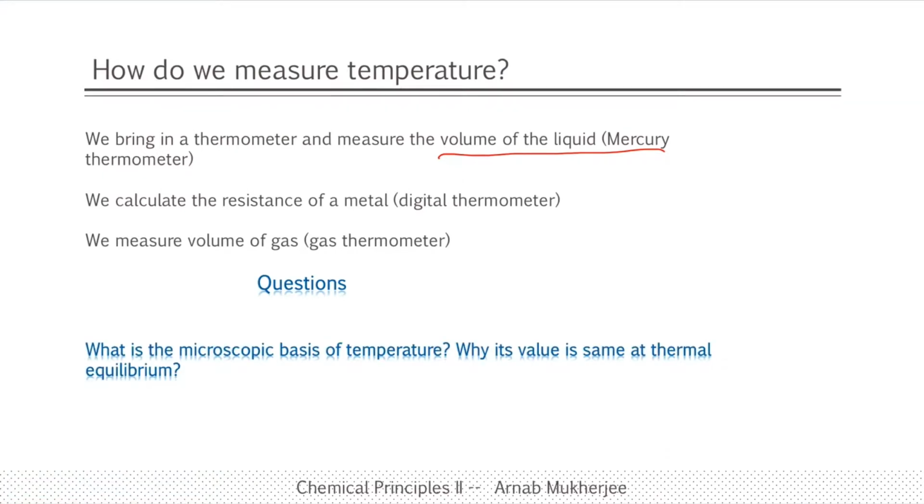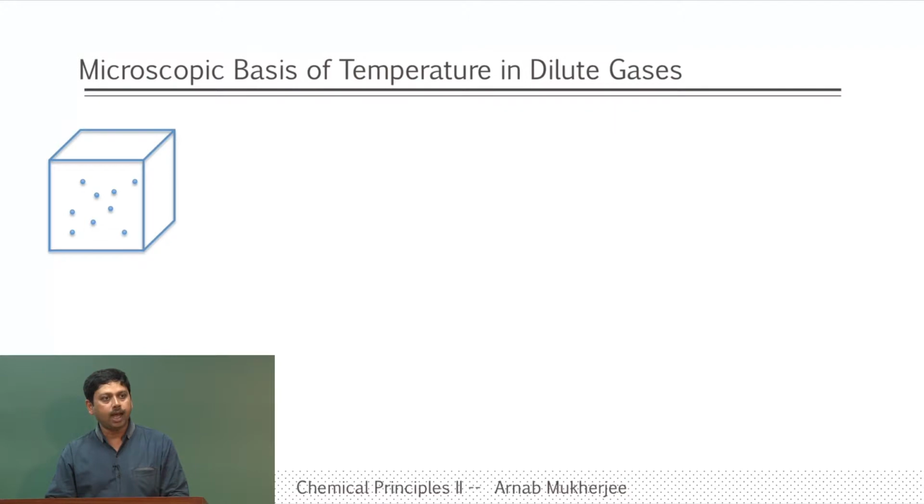However, it still leaves us with a question: what is the microscopic basis of this temperature? Why do two bodies in contact with each other undergo thermal equilibration? In order to understand that question, we will first take a gaseous system, a system in which the gas particles are in a dilute limit.